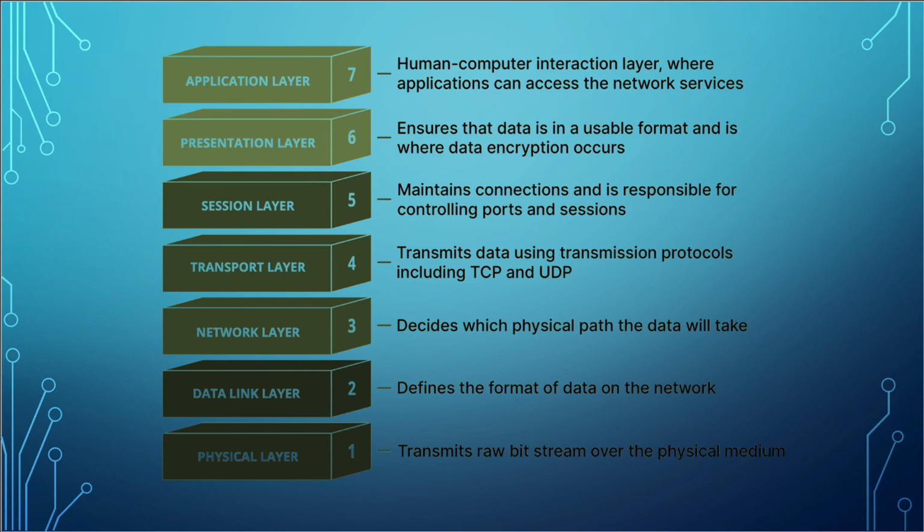So when you have the 7 layers of communication, starting from the physical layer to the application layer, when the embedded IoT device communicates to the internet, it's going to be the same protocols.